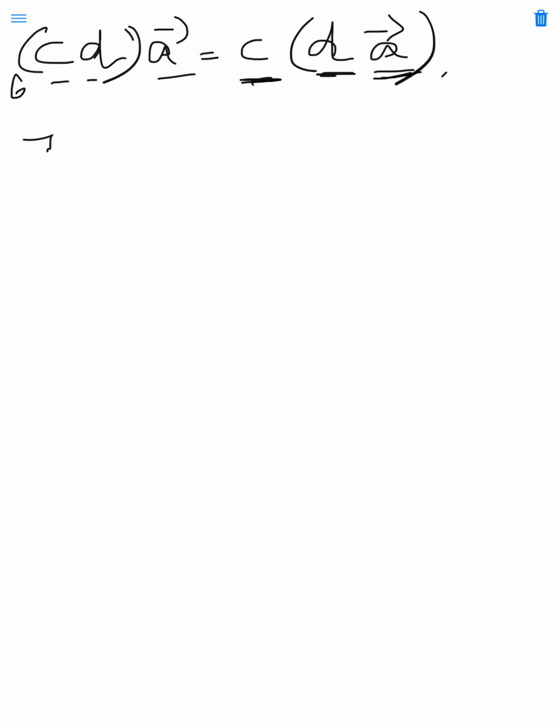So this comes as the sixth one. Then the seventh is that an element multiplied by the scalar 1 just gives back the element, that vector itself, that element of the vector space.